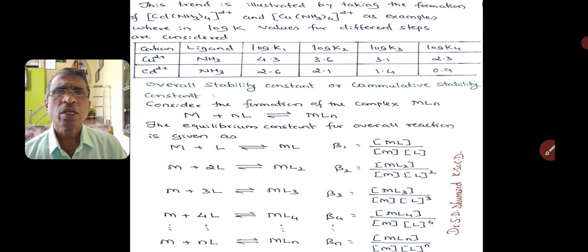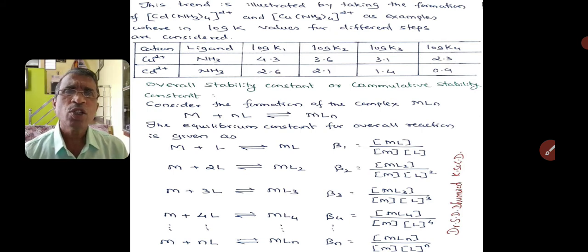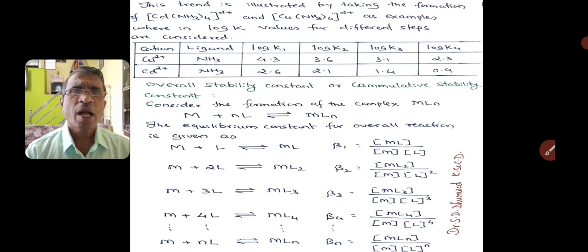Consider the copper tetraammine 2+ complex. Log K1 means the copper ion takes 1 ammonia to form the Cu(H2O)3(NH3) complex, and log K1 value is 4.3. For log K2, the Cu(H2O)3(NH3) complex takes 1 more ammonia and forms the Cu(H2O)2(NH3)2 2+ complex.